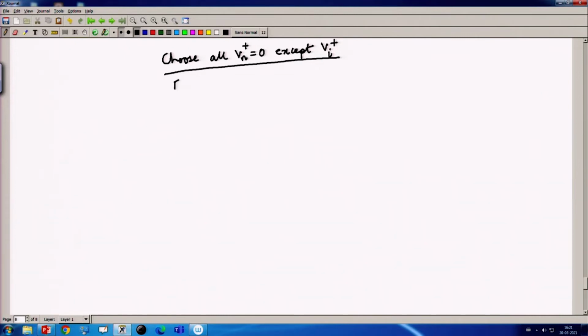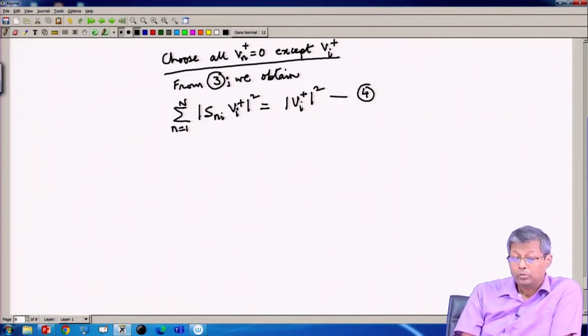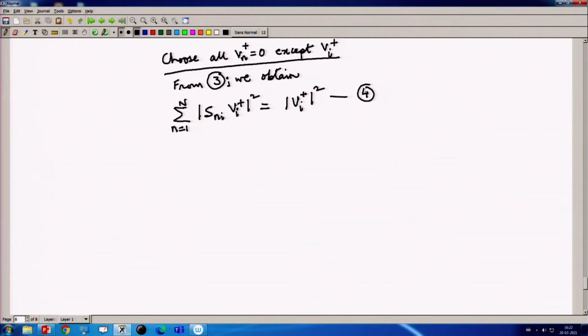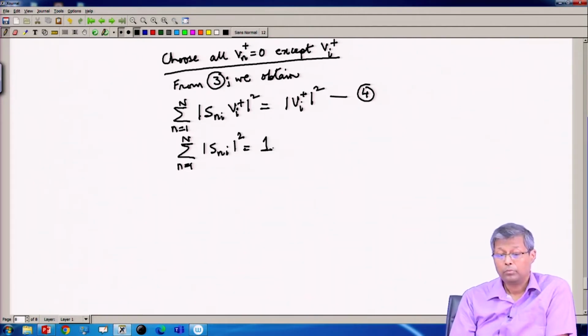So, then from 3 we obtain, so now we can see from 4 that, okay.